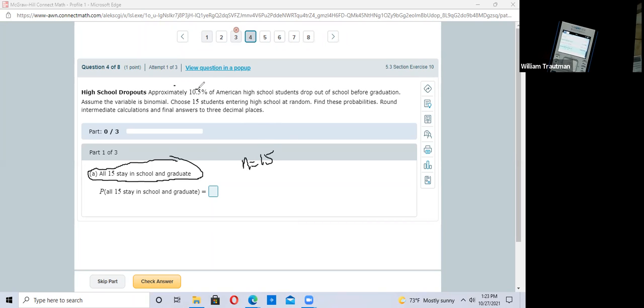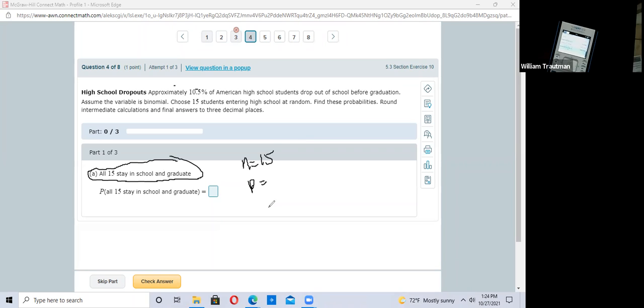Oh, this is a really good question. Approximately 10.5% of American high school students drop out of high school before graduation. Choose 15 students entering high school at random. Find the probability that all 15 stay in school.